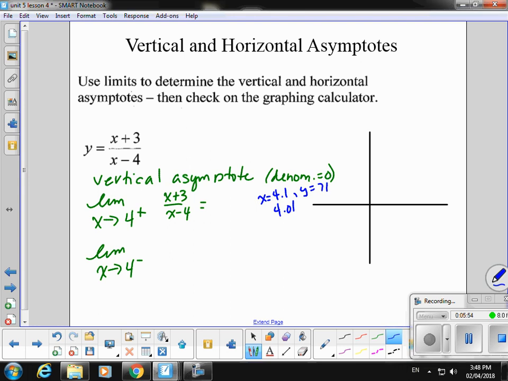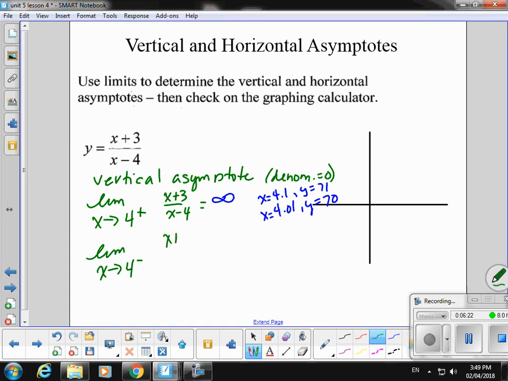For x equals 4.01, just that little bit closer, I have 7.01 divided by 0.01. I get 701. So with 2 examples only, as I approach 4 from the right, it appears that we are approaching infinity.